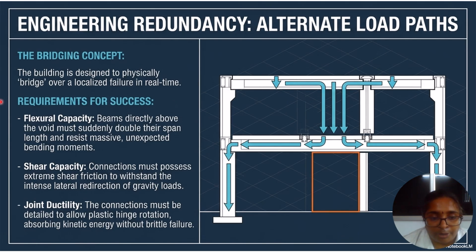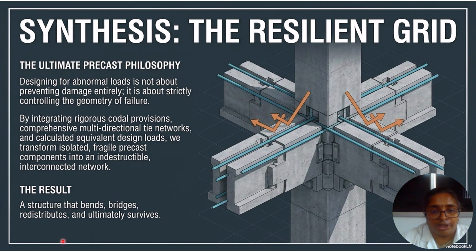And shear capacity: the connections must possess extreme shear friction to withstand the intense lateral redistribution of gravity loads. And the next one is joint ductility. These connections must be detailed to allow plastic hinge rotation, absorbing the kinetic energy without brittle failure.